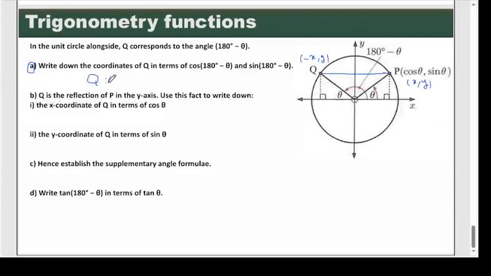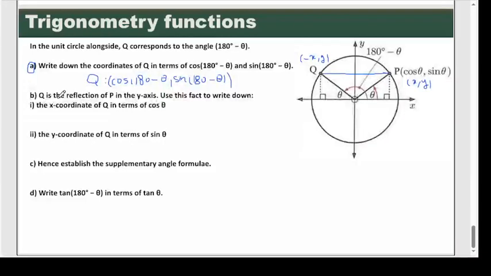So Q would be the first term, cosine 180 minus theta, and sine 180 minus theta. Okay, it's the coordinate of Q.